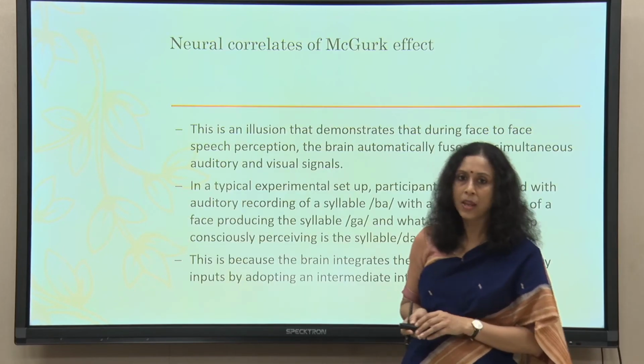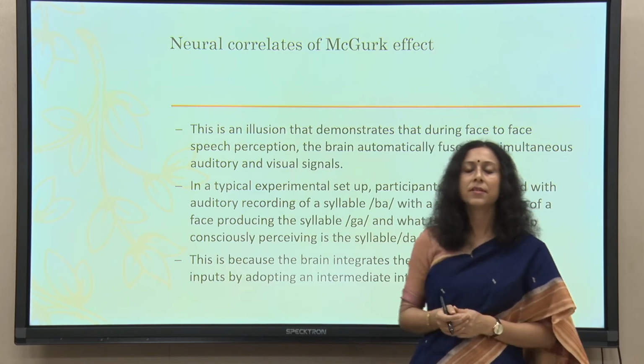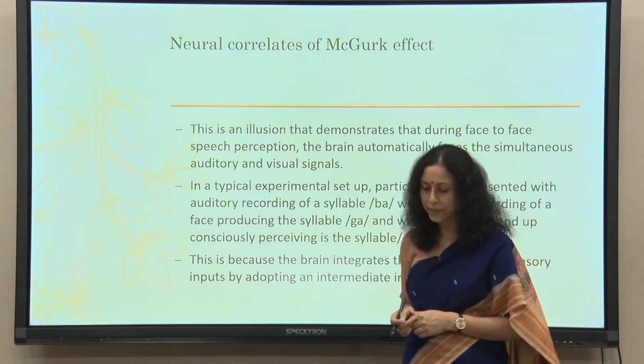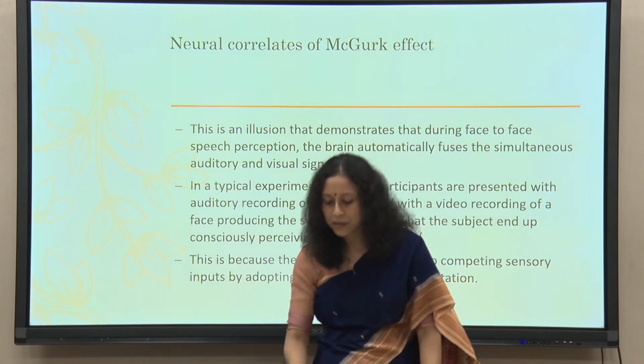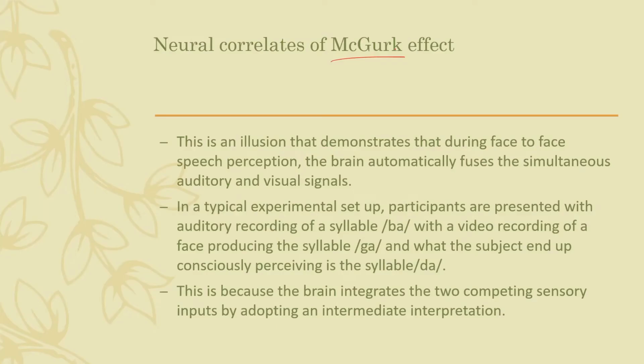In terms of speech perception, there is also an interesting finding that needs to be mentioned here, which is the McGurk effect. This is an interesting illusion that demonstrates that during face to face speech perception, the brain automatically fuses simultaneous signals.